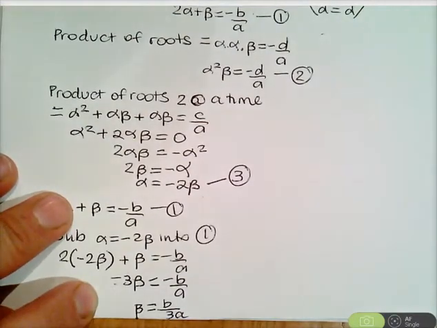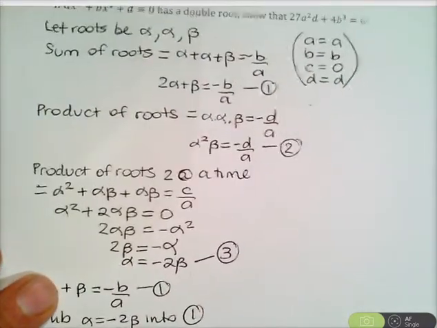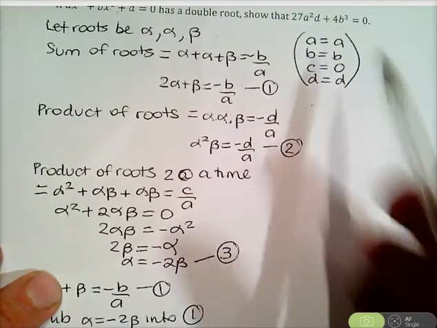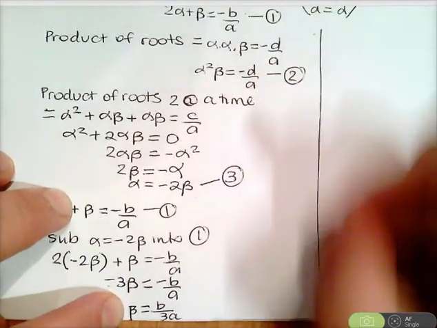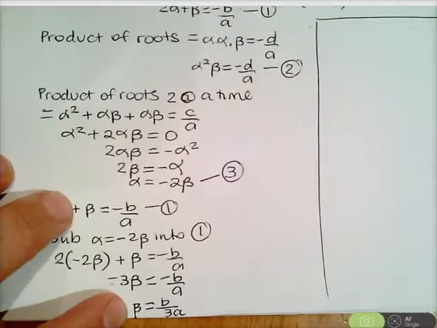Now let's have a look at what we're trying to get. We've got a 4b cubed, and this a squared and a d. And over here, we've got that beta equals b on 3a. So we're trying to come up with a b cubed term. So what we're going to do is just cube this.